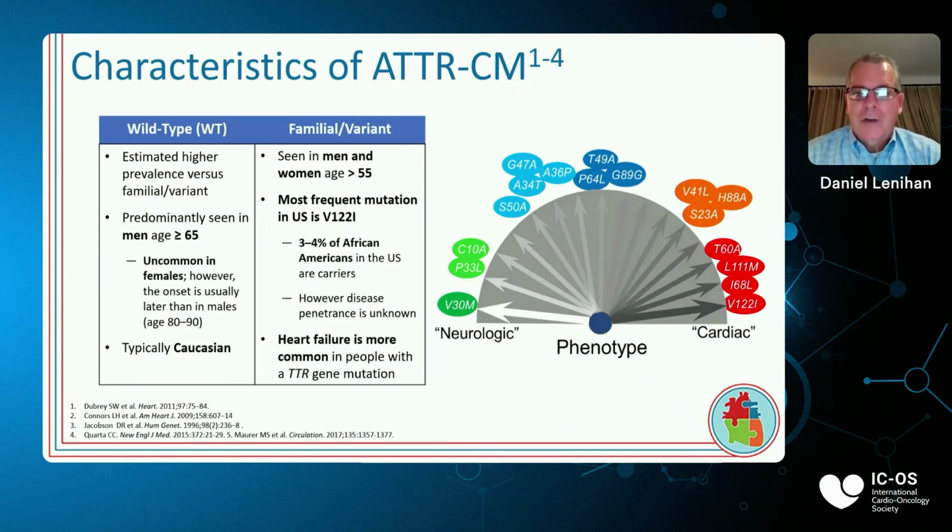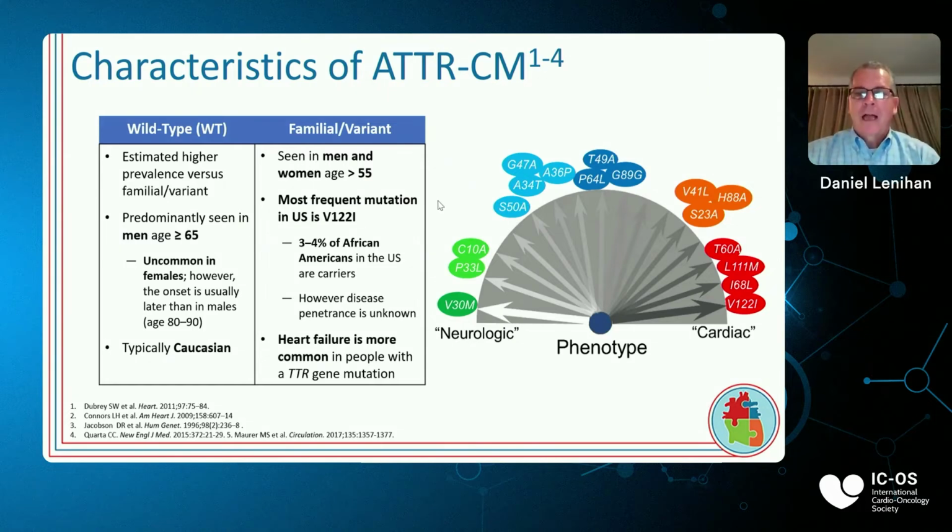So it penetrated to the patient. If you have low penetrance, that means you have the mutation, but it hasn't caused the disease. And one thing we know for sure is that if you have a gene mutation for the TTR gene, heart failure is much more common in that population.